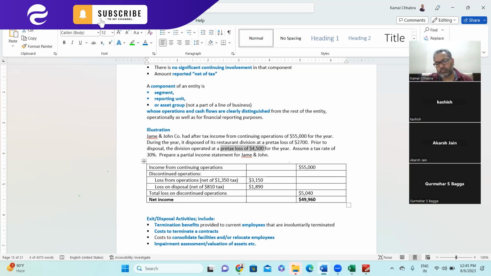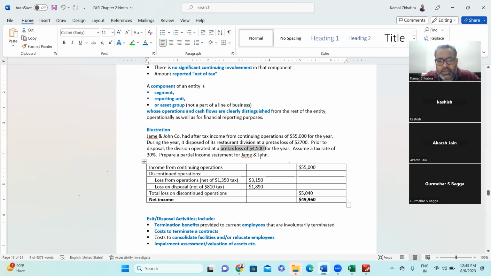Right? So loss from operation 4,500 minus 30% taxes is 3,150. Second thing is they have disposed of the restaurant division at $2,700. That means they have a disposal loss of capital item of 2,700 and net of taxes 1,890. Taxes is 810.